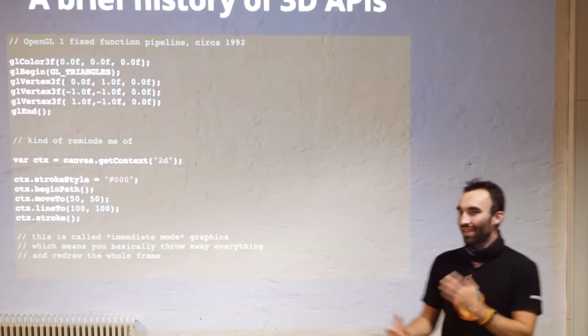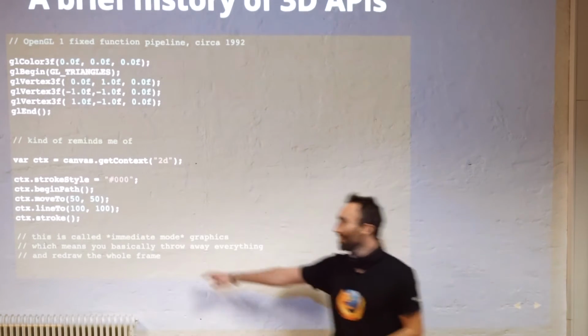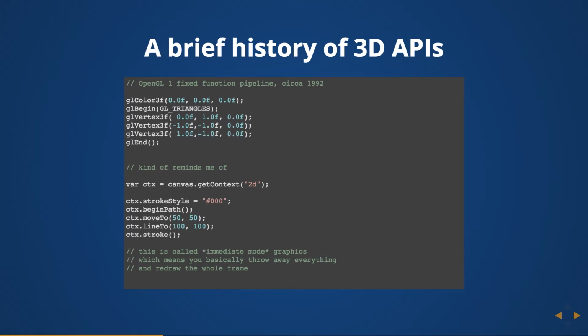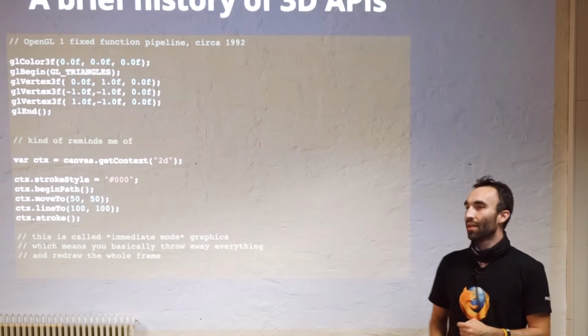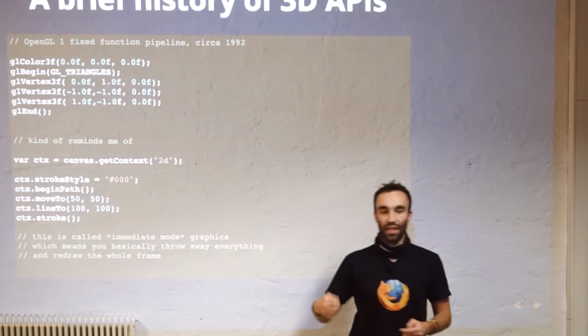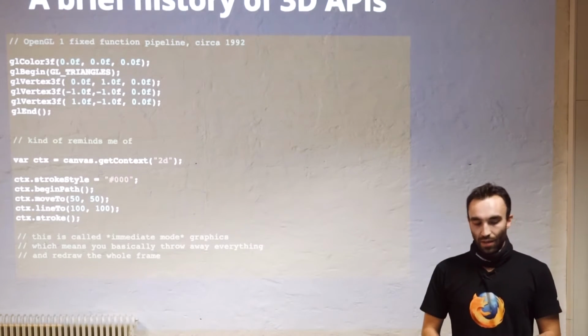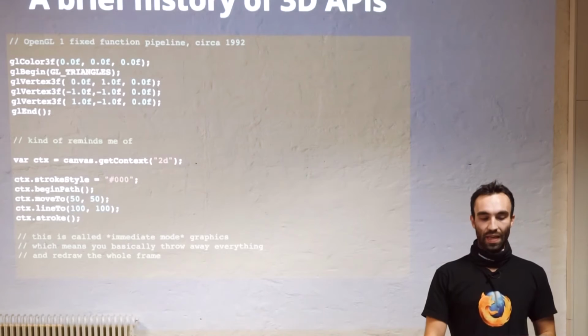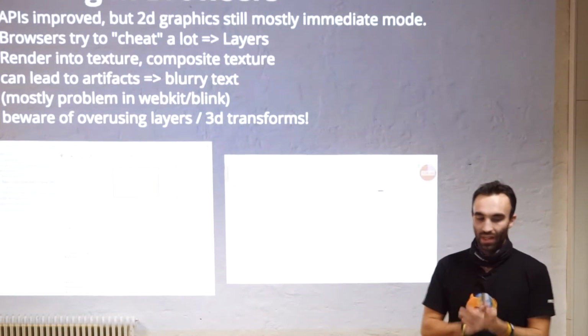What this is called is immediate mode graphics. Immediate mode graphics basically means that with every frame, you throw away everything you did and you start all over again. So you execute all these steps again and again and again, which isn't that performant.